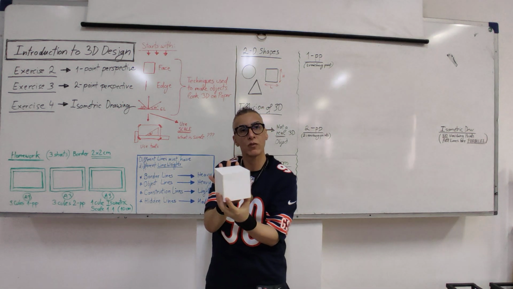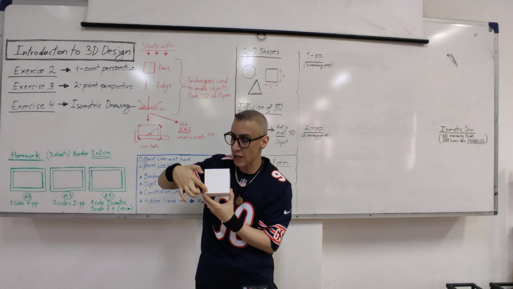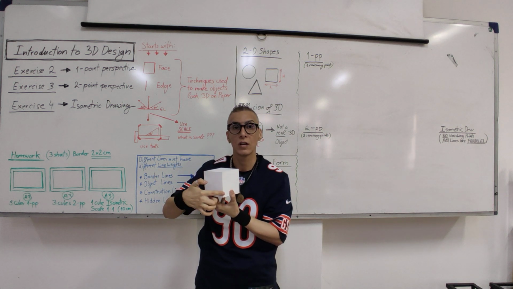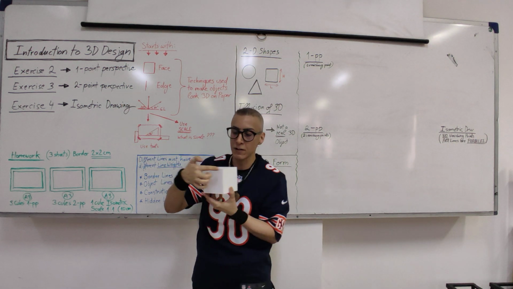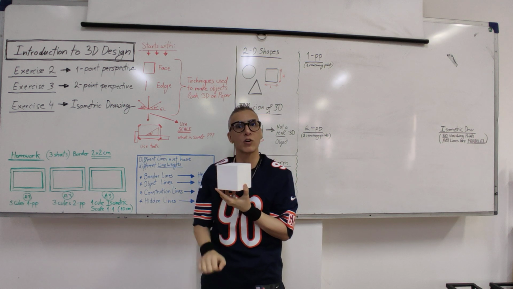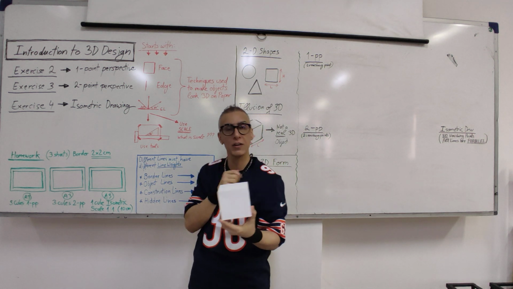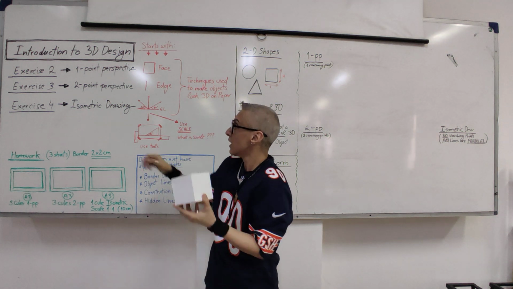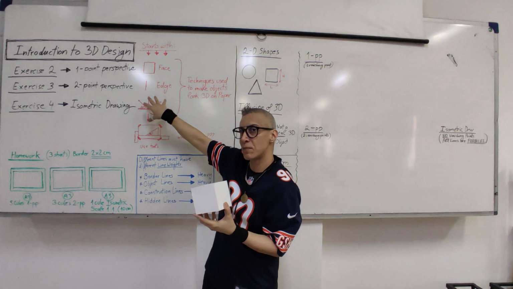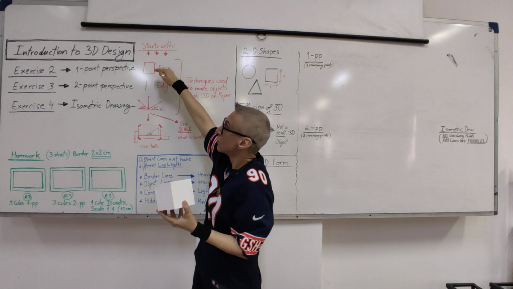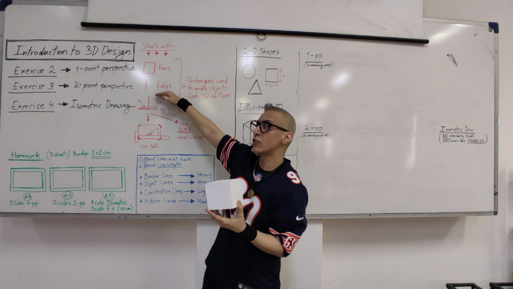If I want to draw this in one-point perspective, I must start with the face. I cannot start with an edge. If I'm drawing in two-point perspective, I must always start my drawing with an edge and then continue. Now we will see in practice how this will work. Isometric I will explain later. This is a little bit different. So, 1 point starts with a face, 2 point starts with an edge.